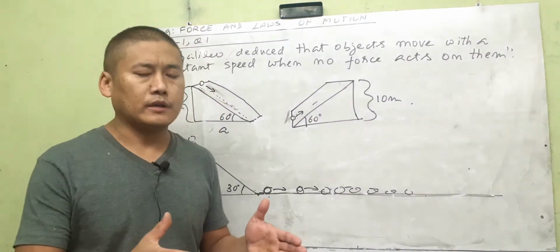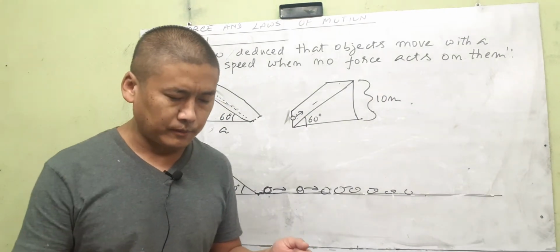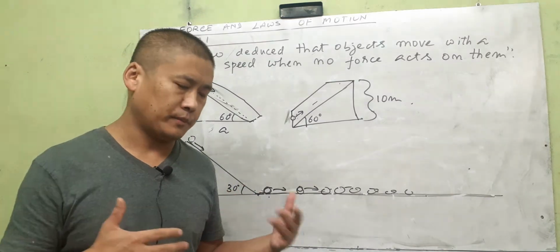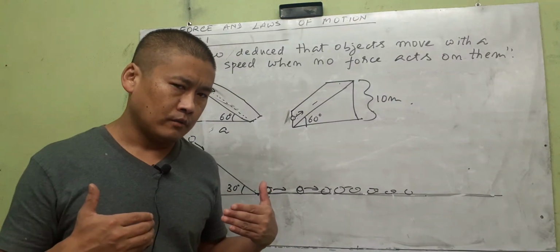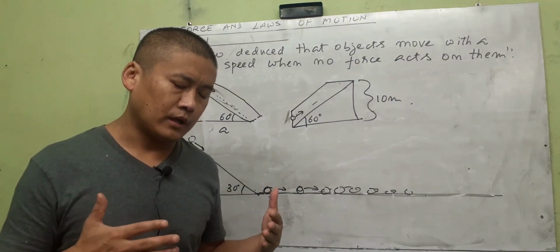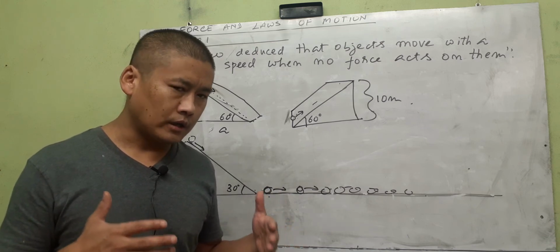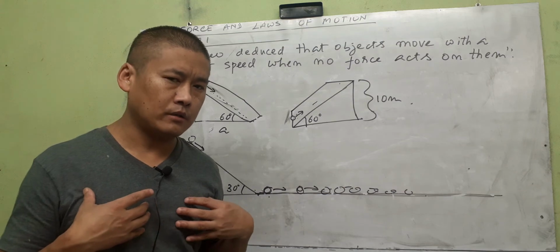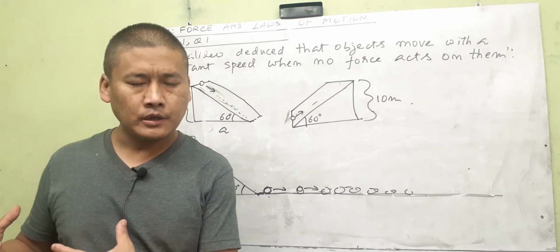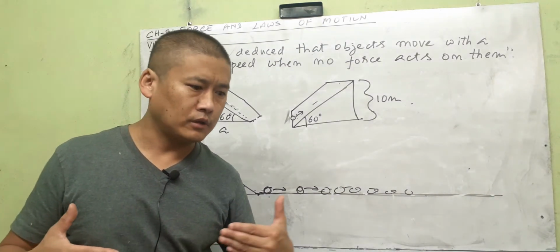So let us see. When you are traveling in a car and the driver suddenly applies a brake, the driver and the passenger, since they are moving along with the car, when the brake is applied and the car stops, the car has stopped, but because our body was just a moment ago moving with the car, it would like to continue moving.